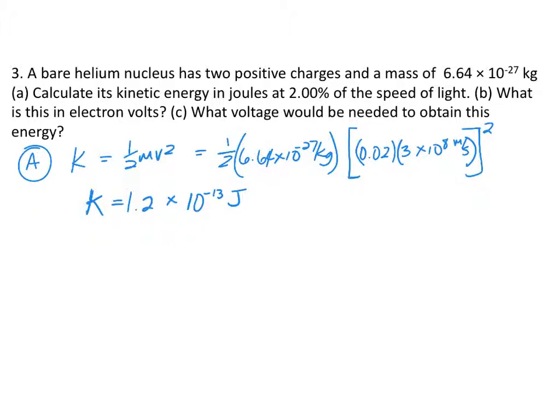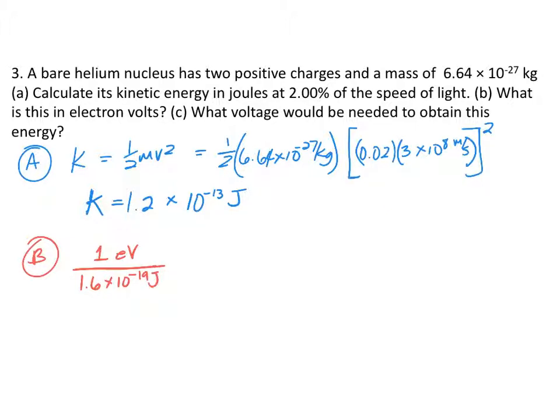So there we have it. It's the energy at 2% of the speed of light. What is this in electron volts? So an electron volt, there is 1 electron volt per 1.6 times 10 to the minus 19 joules.